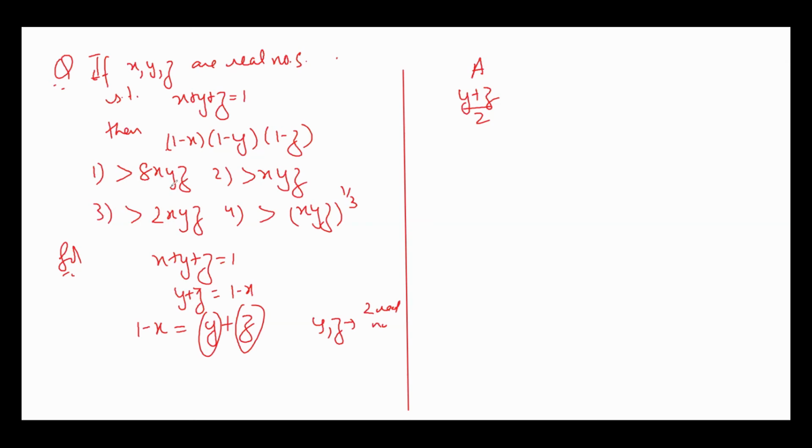All the options are in x into y into z. That means in this particular question we have to use G, because in geometric mean we get the product.